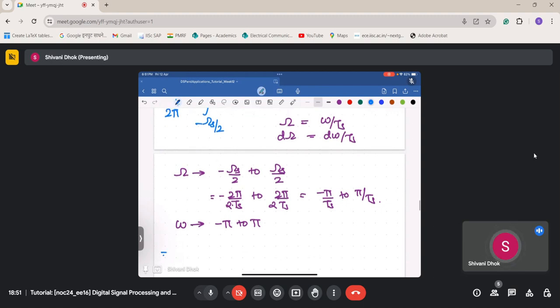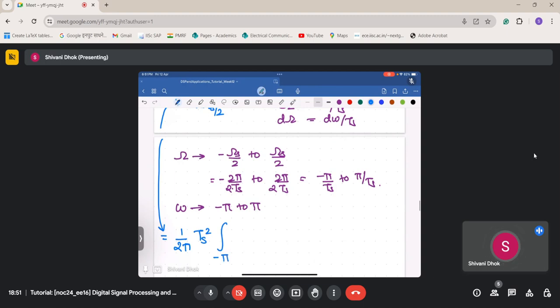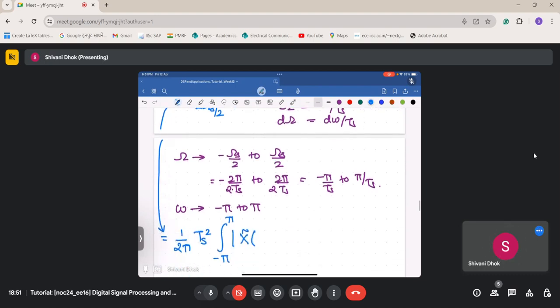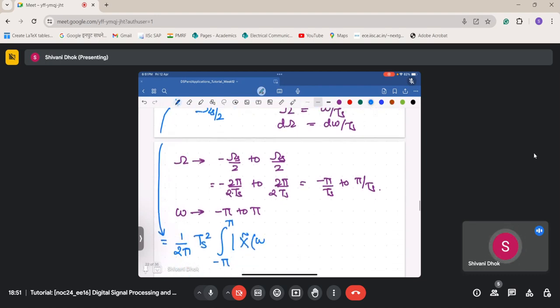So this integral here will now be equal to 1 upon 2 pi into Ts square as it is. This will be minus pi to pi magnitude of X tilde of omega by Ts, squared, d omega by Ts.